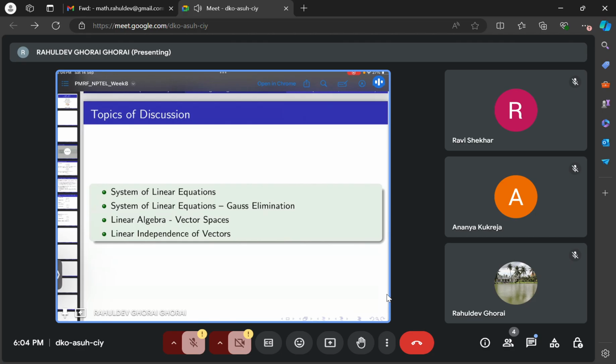Then the linear algebra will have a little bit of vector space and linear independence of vectors. Everything is just to solve the linear system, and then the linear algebra will be a little bit there. Have you already gone through the lectures?